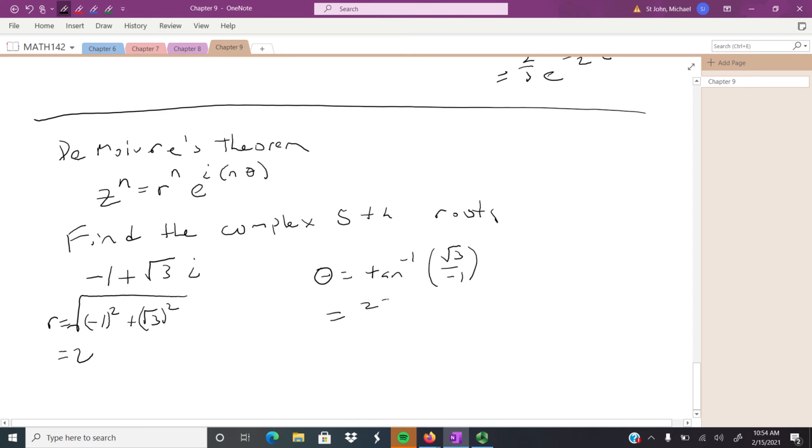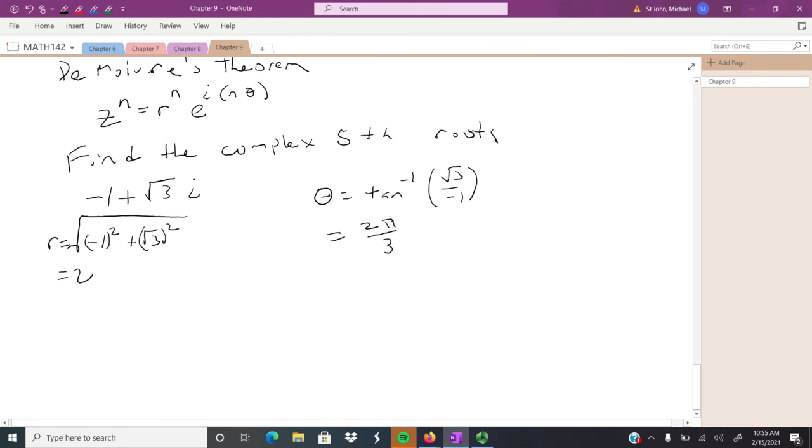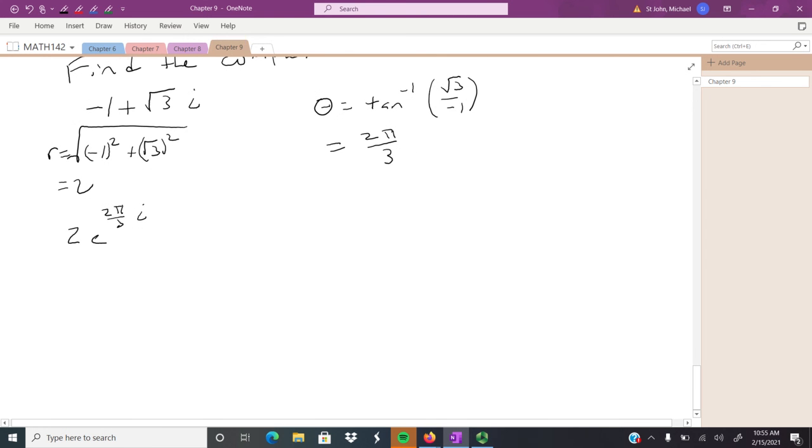This will be 2 pi over 3. Okay. So we have 2e^(2πi/3). So now we get all our roots.